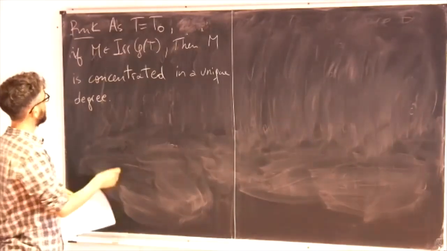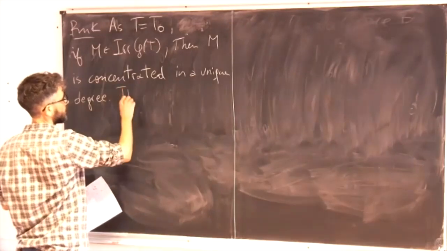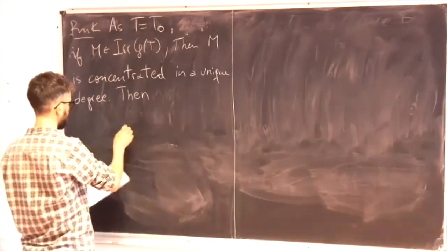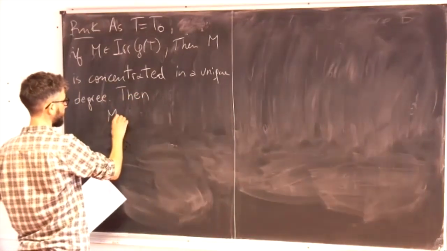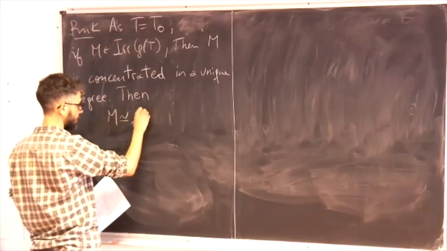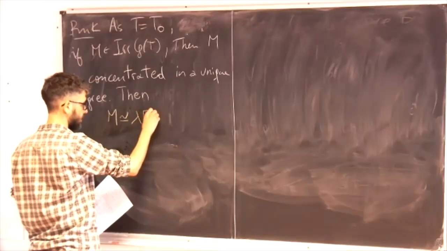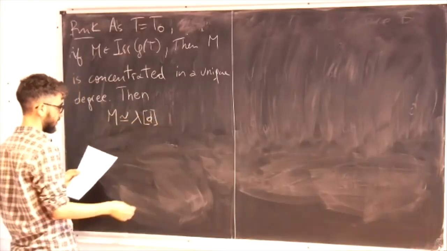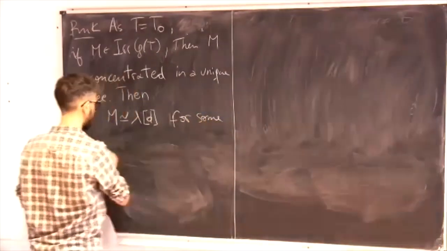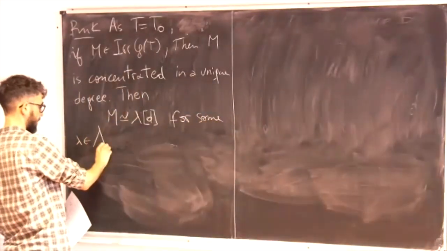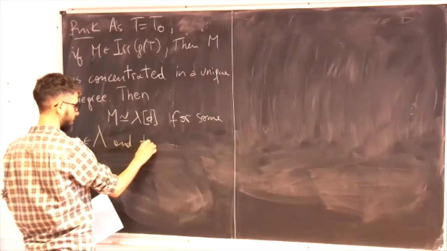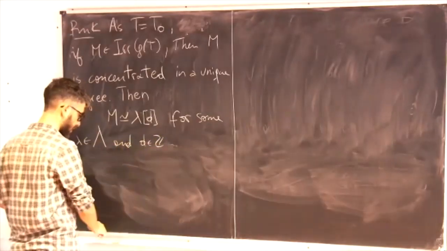So then M is isomorphic to lambda, and I will denote it in this way, lambda d, for some lambda in Lambda and d in the integers.